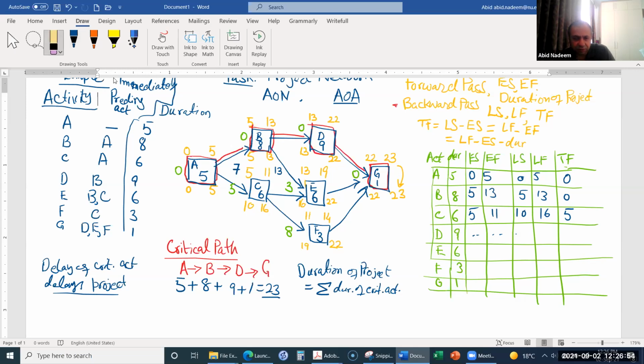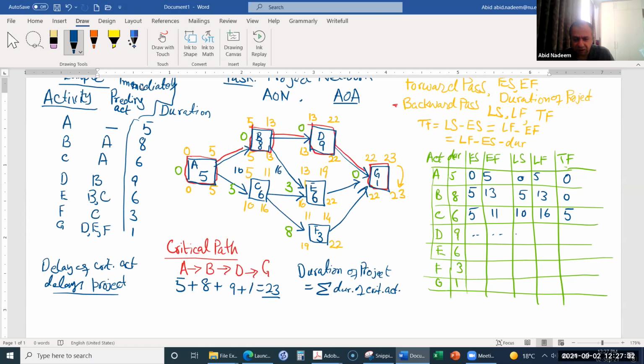If instead, for example, I use the total float of activity C, then what is going to happen? So for example, instead of activity C starting at 5, it starts at 10. So maybe I can write 10 over here. So 10 plus 6, it will be 16.